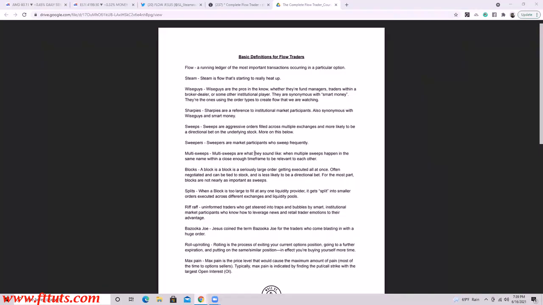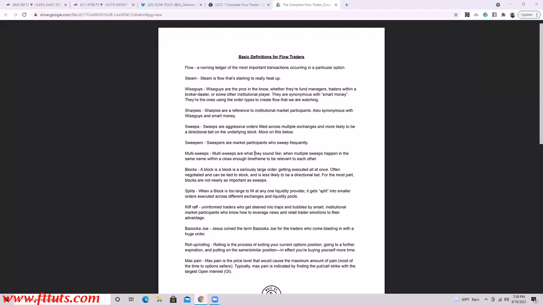And the reason being, a sweep is as aggressive of an order as you can place in the option market. Doesn't mean it's always going to be an aggressive directional bet, but the behavior behind the order, and who is behind the order, tells you two things.